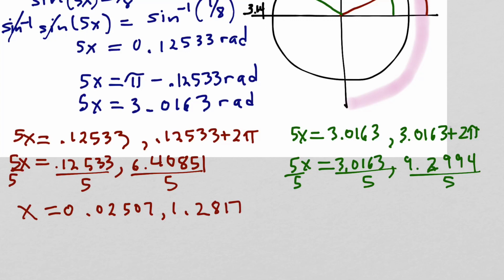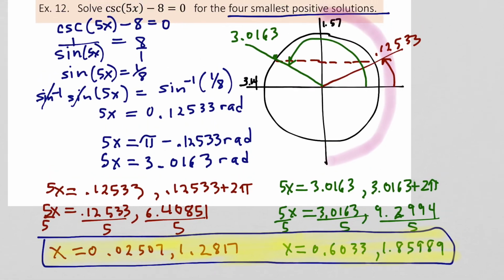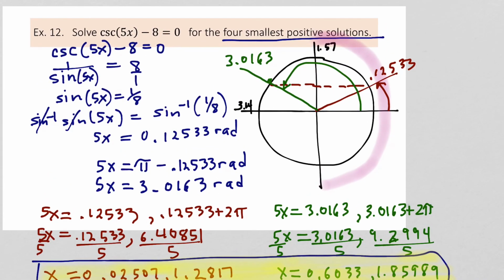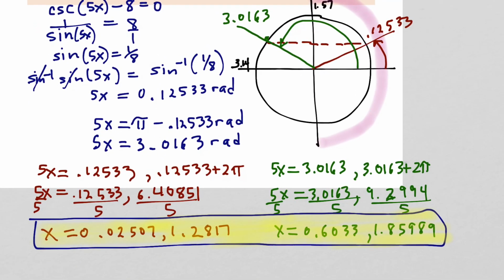And then for these over here, I'm getting 2 angles, 0.6033 and 1.85989. Okay, so those are going to be my 4 smallest angles. All right, and those are all within the range that we were asked to use. Well, we weren't given a range, we were just asked for the 4 smallest. So these are the 4 smallest.